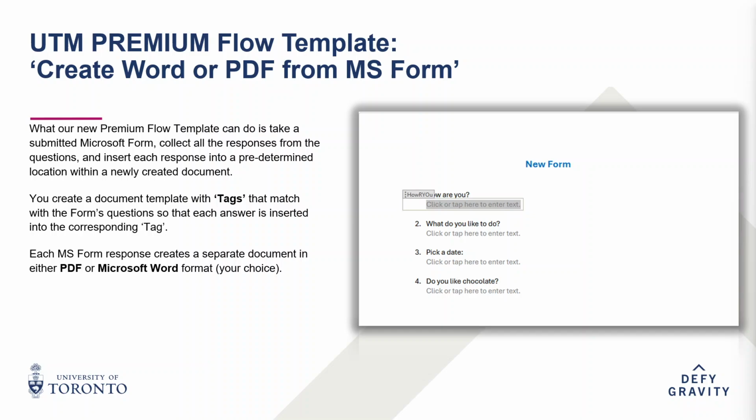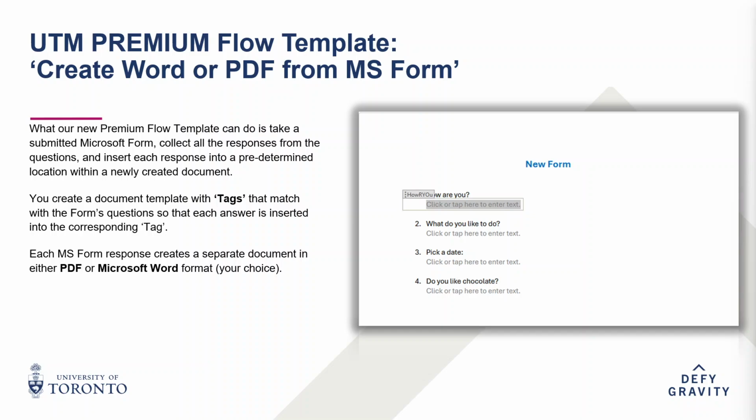So, our new premium flow template, which we've aptly named Create Word or PDF from MS Form, can take a submitted Microsoft form, collect all the responses from the questions in the form, and insert each response into a predetermined location within a newly created document.